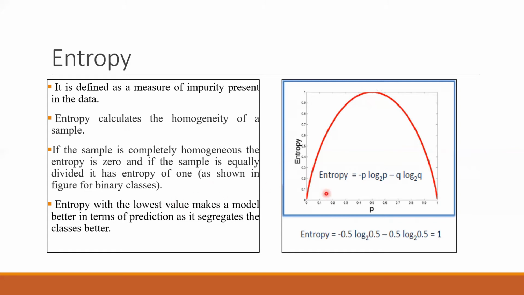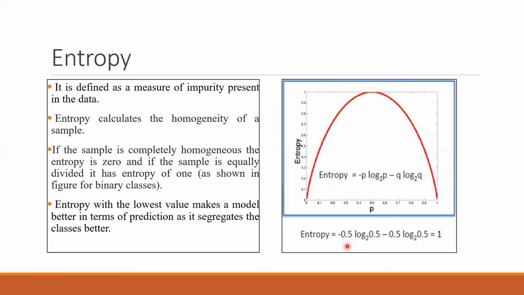As shown for the binary class in the diagram, the entropy formula is minus p log2 p minus q log2 q. Entropy with the lowest value makes a model better in terms of prediction as it segregates the classes better. Based on the probability, the entropy curve has been made.